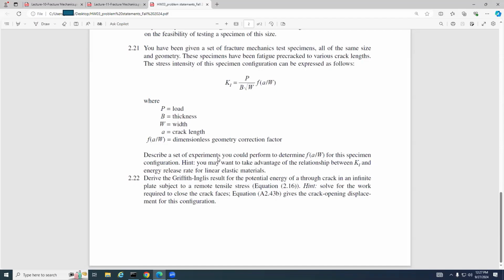So this is the crack tip. This is x, this is y.